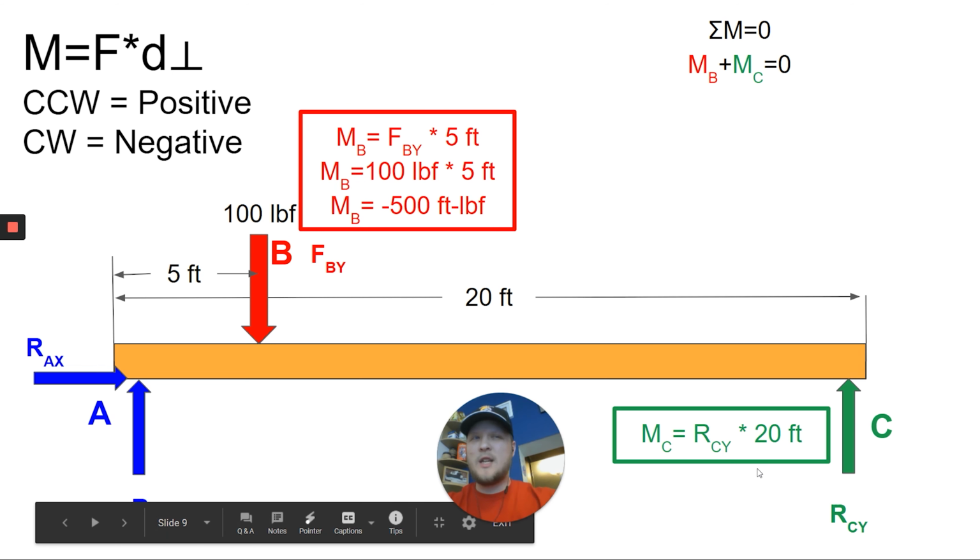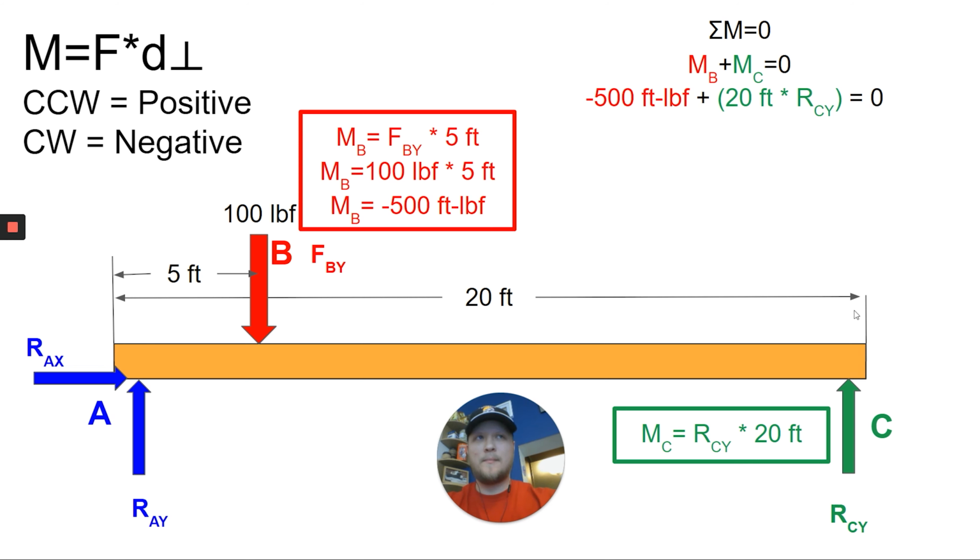Moment at C, we don't know everything yet. We know the total distance from A to C is 20 feet, but we don't know what RCY is, so that's what we're going to have to solve for. So we sub in what we found. Moment B is negative 500 foot-pounds, and the moment of C is 20 feet times RCY. Now we just have an algebra equation.